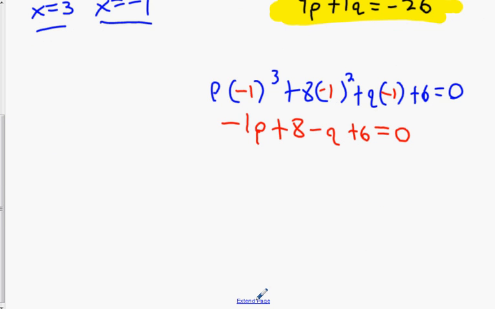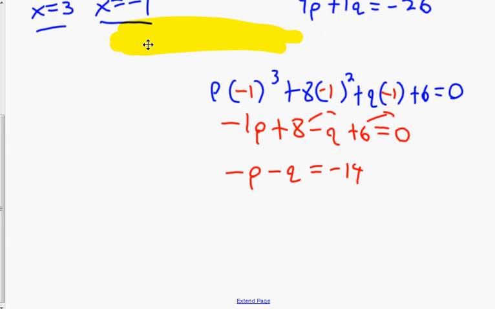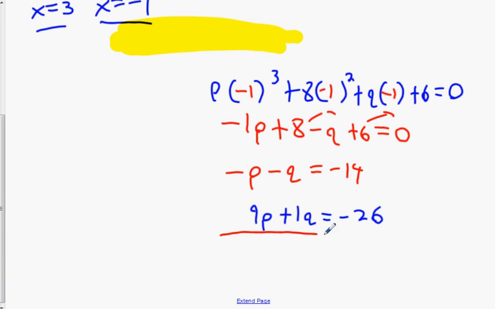Yeah? And then minus 14. Okay, and what next? Add downwards. It's a simultaneous equation. Minus 8p equals minus 40.